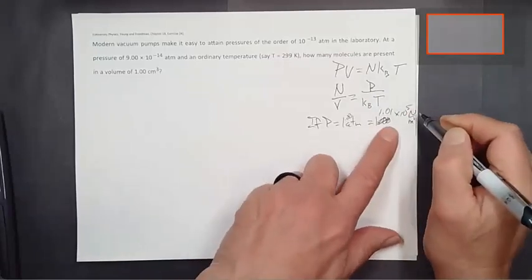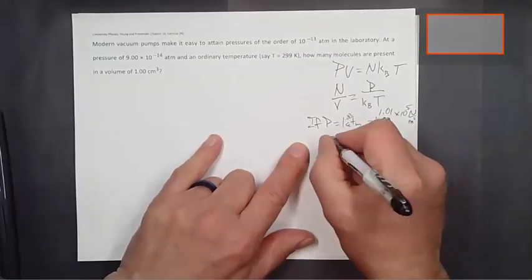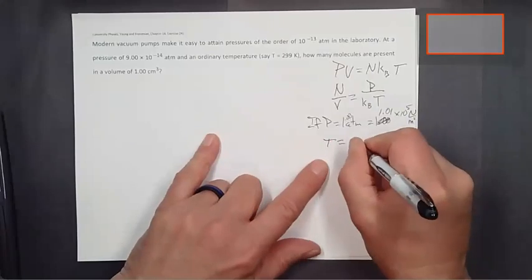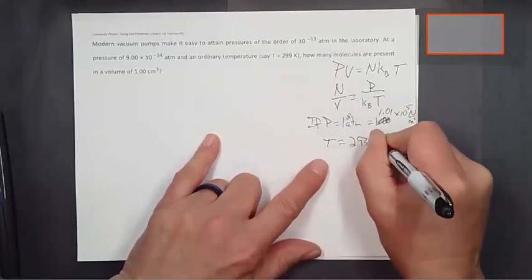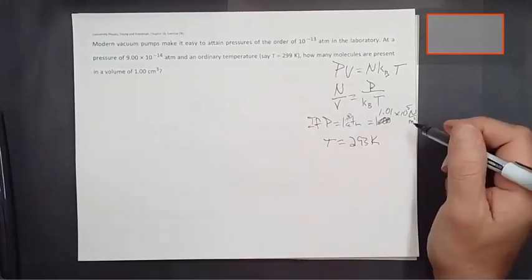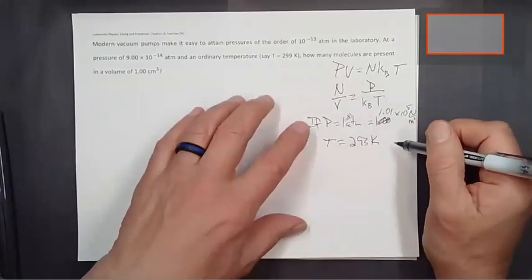That's what 1 atmosphere of pressure is. And the temperature, let's make it 293 Kelvin. Okay, that's pretty close to what we might have in the room.